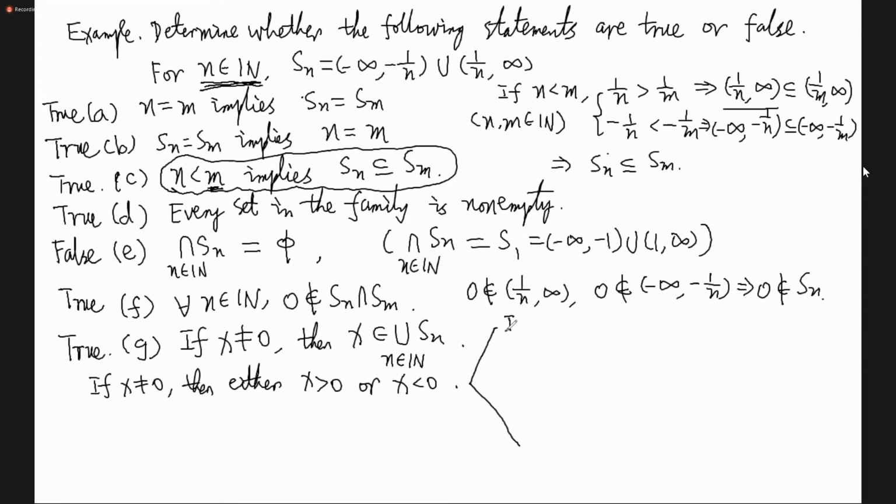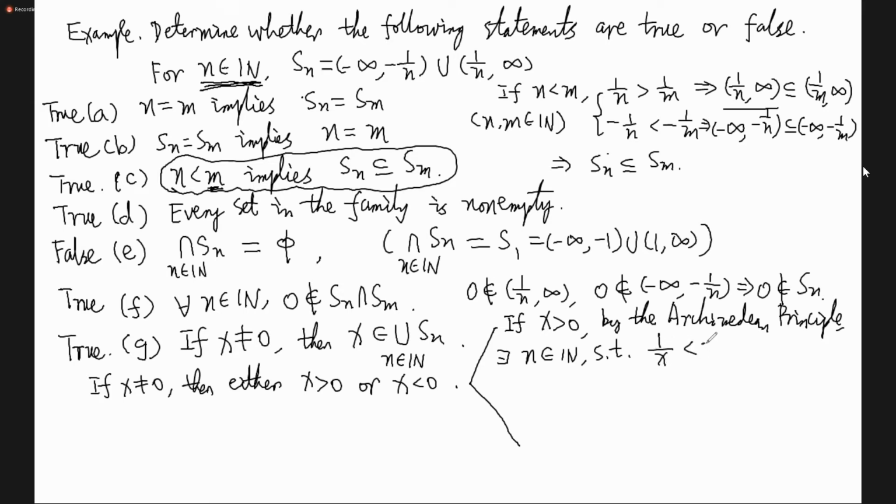And the first case, if x is greater than 0, by the Archimedean principle, there exists a natural number n such that 1 over x is less than n.